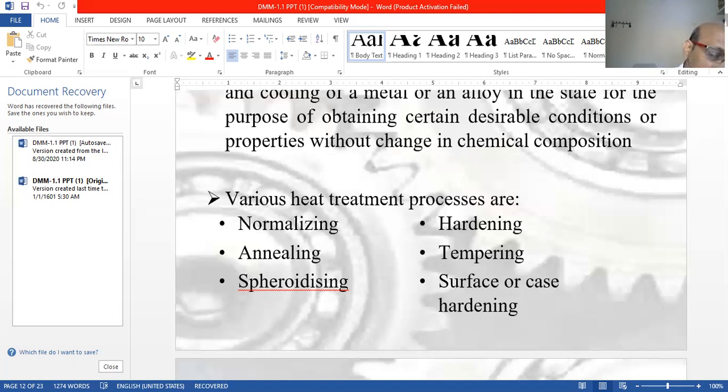That is important, because it is followed by a cooling process also.